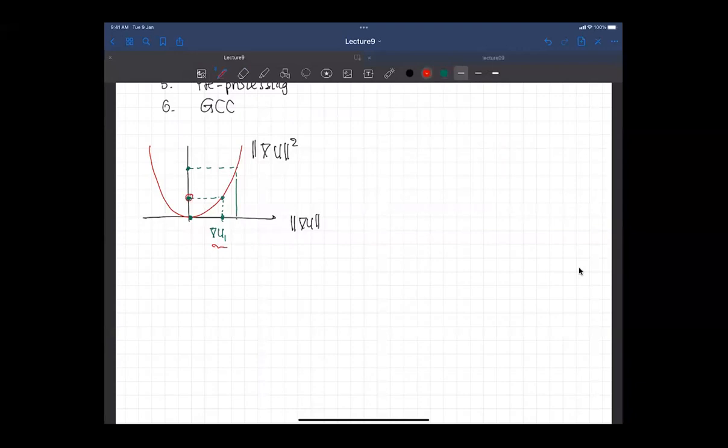But because of noise, nabla u1 prime is moved to that location, and the penalty will be much higher than the actual penalty that should be there. So quadratic has a dangerous consequence. The penalty will be too severe if there is some noise. So it's very sensitive to noise.